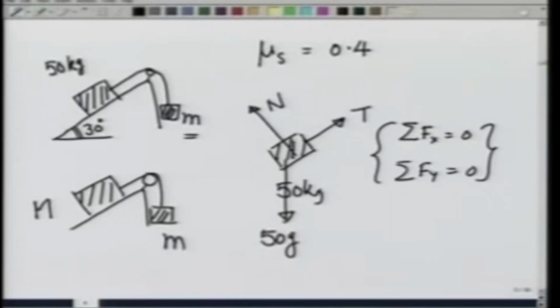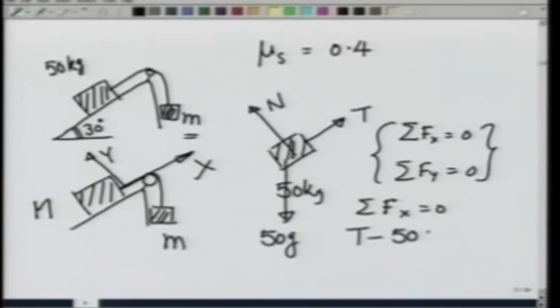Let us for convenience take our x axis to be in this direction and y axis in this direction. Then summation Fx equal to 0 gives me T minus 50 g sine of 30 equal to 0.